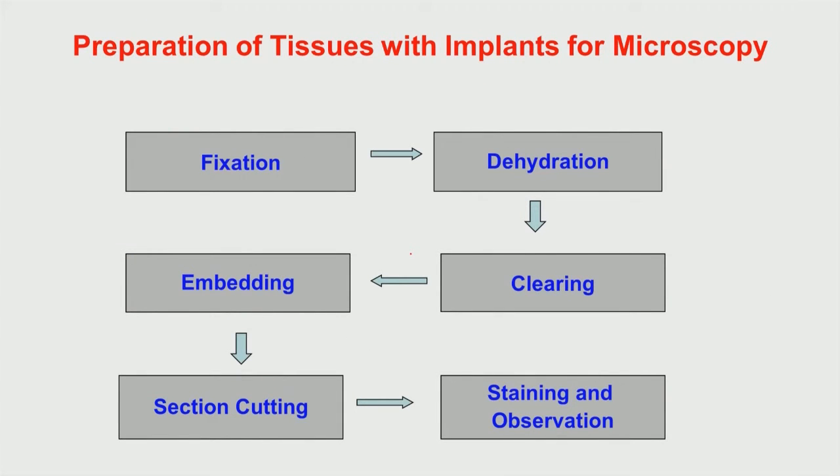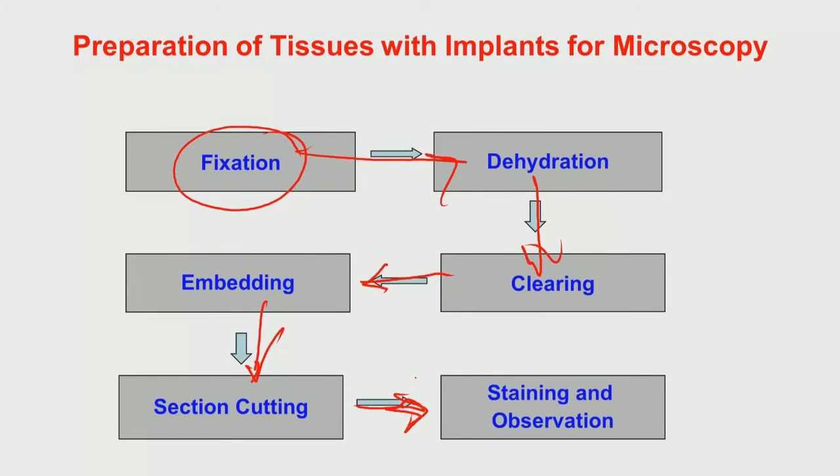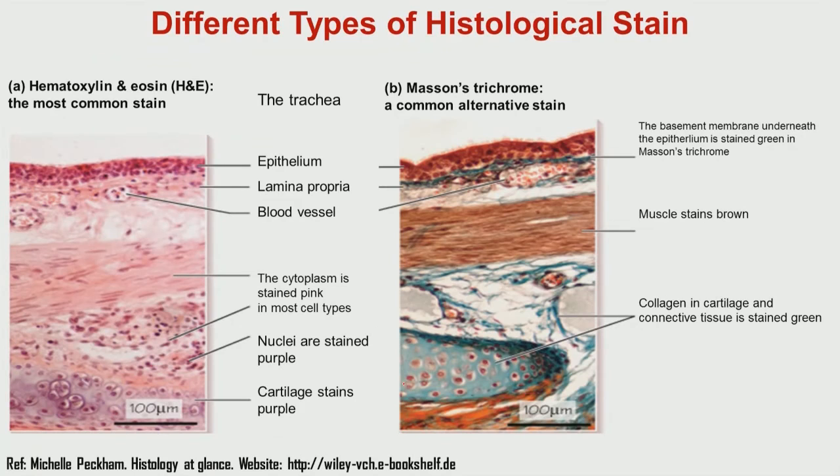So, essentially, first you take the explants, you fix, dehydrate and clean it, then you embed it in polymethyl methacrylate, then you cut the sections, and then you do the staining and observations. Now, these histological stains can be used depending on what kind of tissues you want to see.